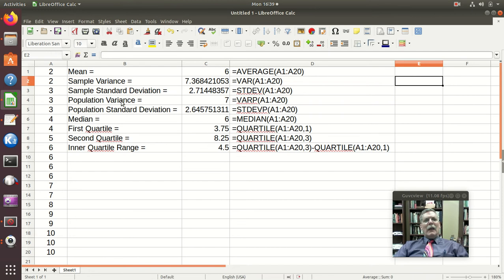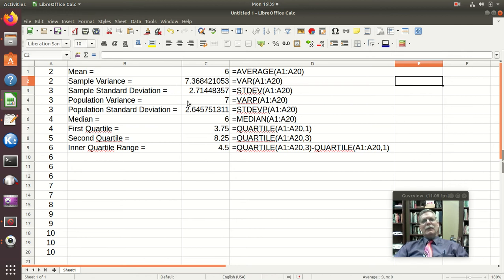Okay, now population variance and population standard deviation, those are calculated just slightly differently. It's in our text, and notice they are slightly smaller numbers. Now the standard deviation is still the square root of the variance, or the variance is the square of the standard deviation, but slightly different numbers.